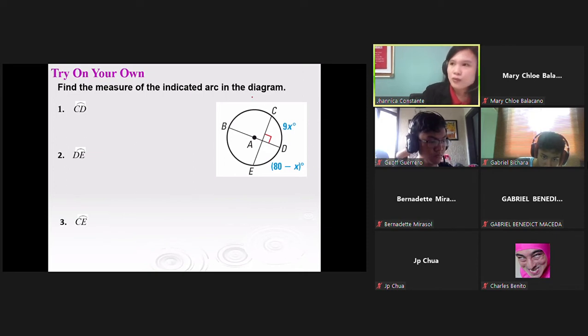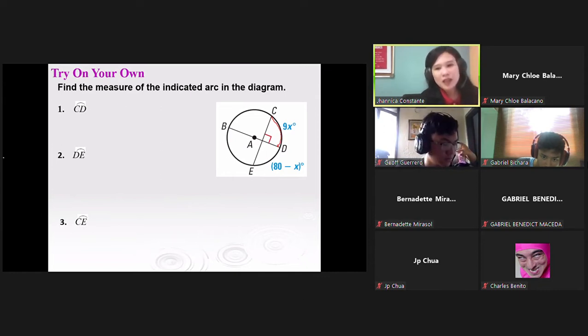And the measurement of the arc CD is equal to 9x, and the arc DE is equal to 80 minus x. So according to the theorem of a perpendicular bisector, once a chord is bisected by a diameter, the measurement of the arcs is congruent.